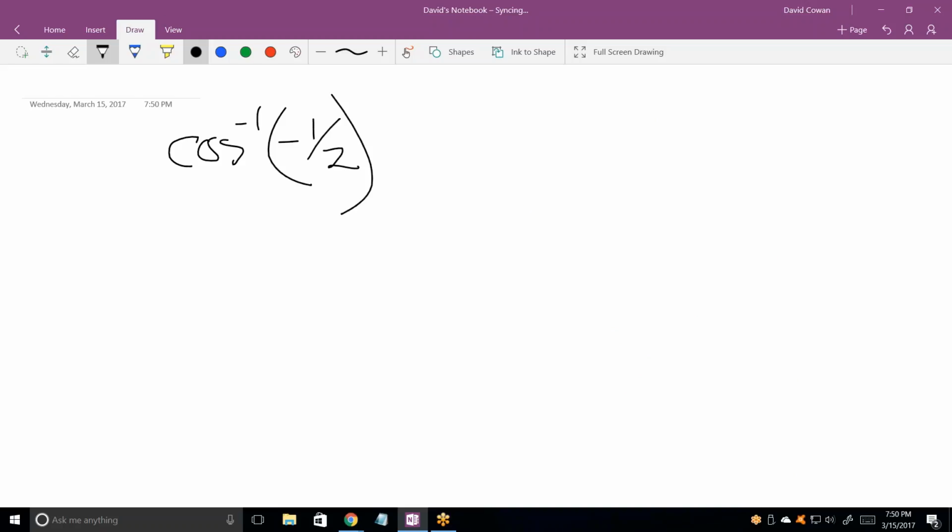Are we looking at an angle or a number? An angle. Remember, an angle. We always take inverse trig functions of numbers to find an angle. We take trig functions of angles to get numbers.